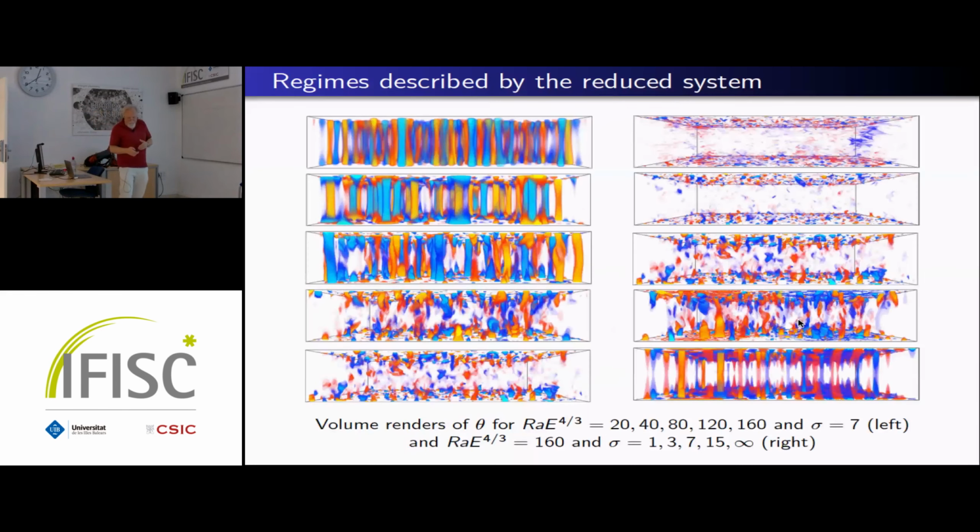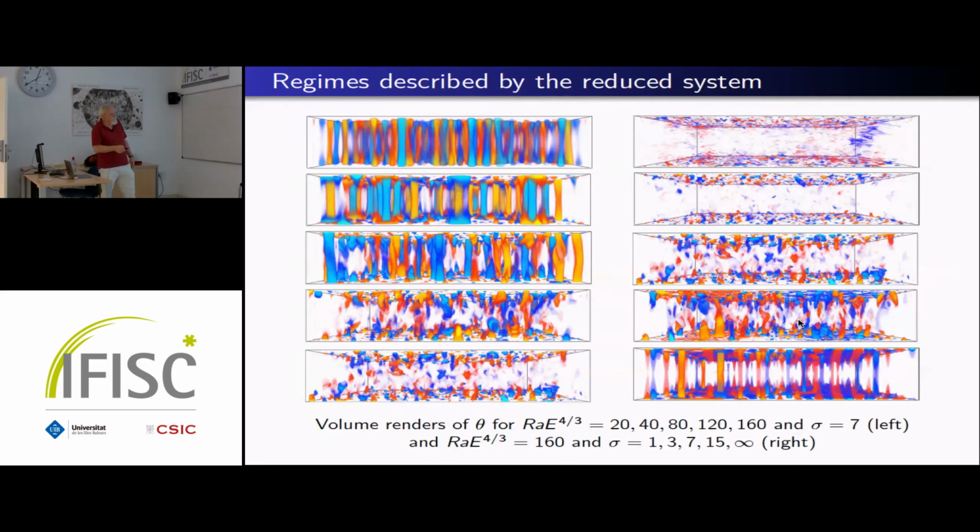This is what it looks like in the snapshots from the simulations. Here are the Taylor columns, and as I'm increasing the Rayleigh number, the Taylor columns start to break down into this plume regime where plumes emanate from the boundaries but don't go all the way across.